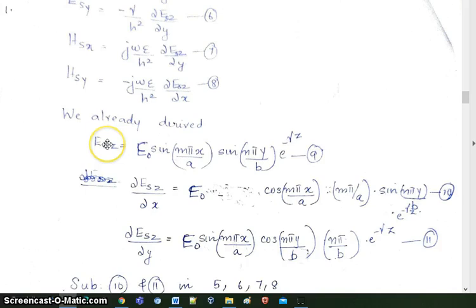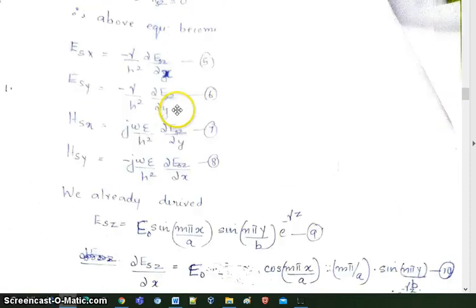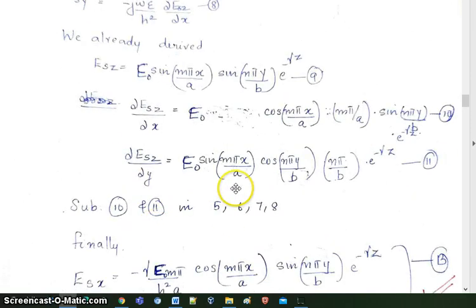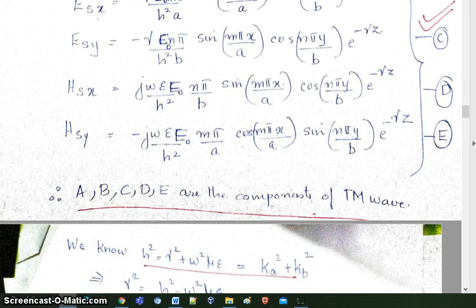After that I am going to substitute 10 and 11 in 5, 6, 7, 8, because here you have the terms dou ESZ by dou x, dou ESZ by dou y, etc. So finally I will get my components ESX, ESY, HSX and HSY, that is A, B, C, D, E.